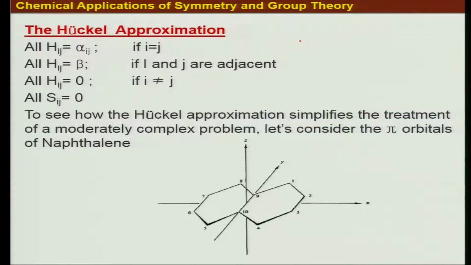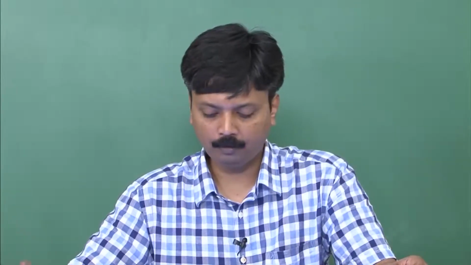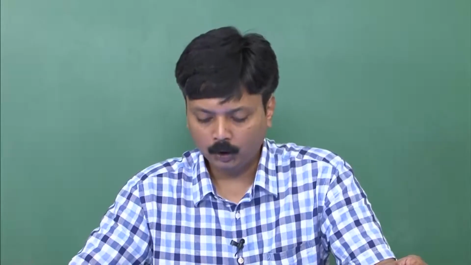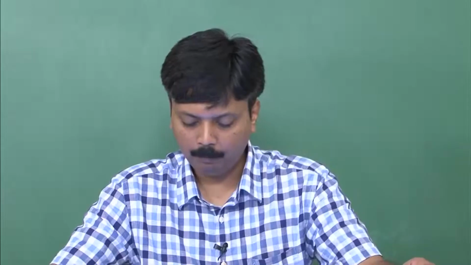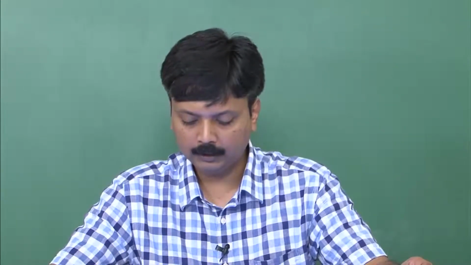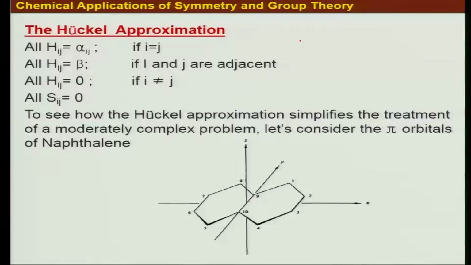So, for example, the pi system of the molecule naphthalene. What we will do is use all the p pi orbitals as my basis, and we number these p pi orbitals as shown here. Here you have a p pi orbital, here you have a p pi orbital. We have numbered them 1, 2, 3, 4, 5, 6, 7, 8 and 9, 10, and you see that the numbering is done in a slightly different way.